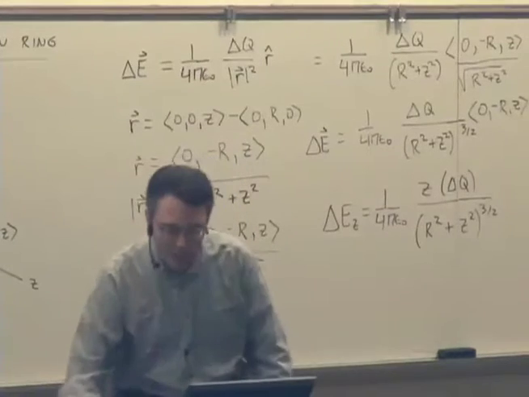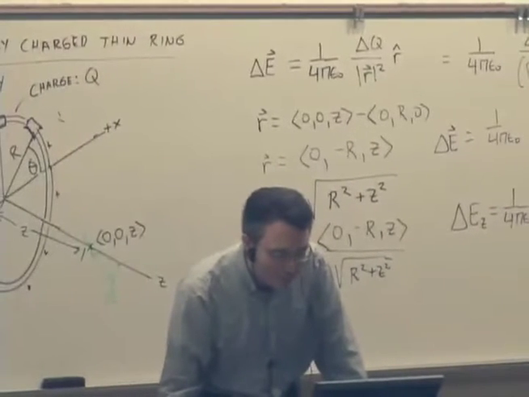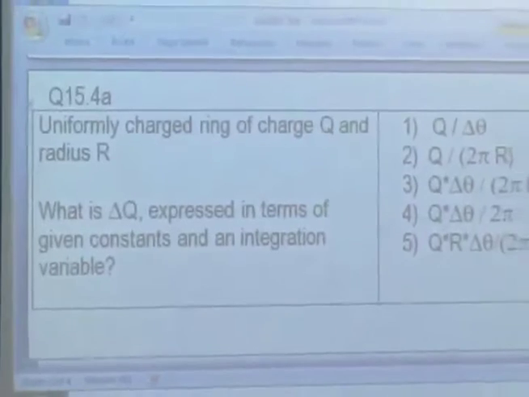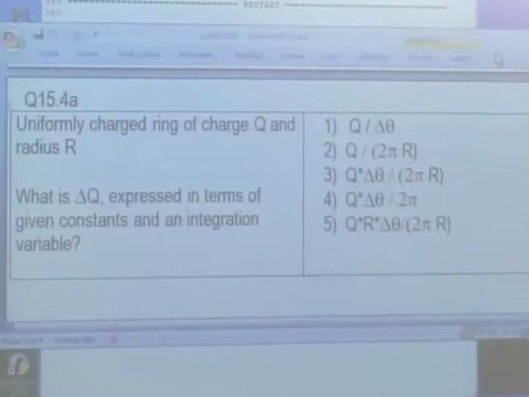So let's ask this question, and we'll see how we do here. We have a uniformly charged ring Q, radius R. We want to find delta Q. What is delta Q expressed in terms of the given constants and an integration variable? There are several different choices.